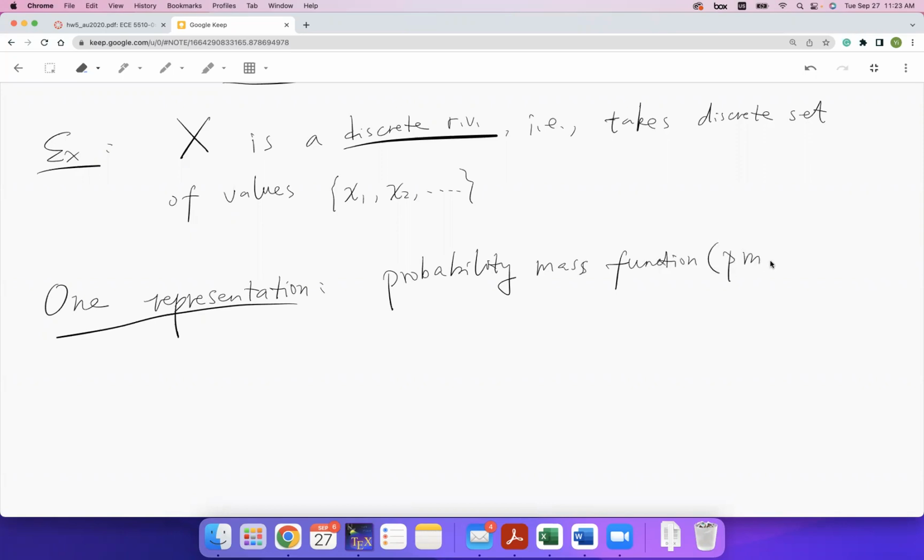We call it PMF. Because X is discrete, we denote the PMF as the probability of this random variable taking values of small x. And this really means the probability of X equals x.